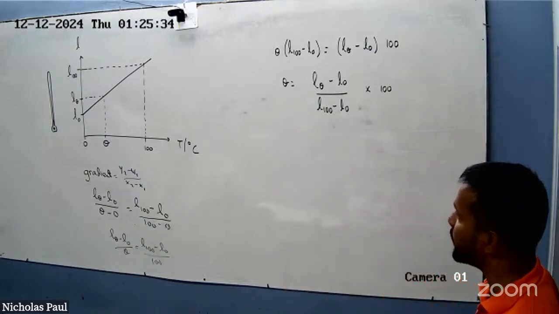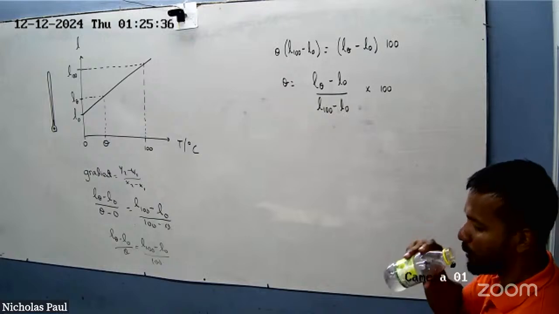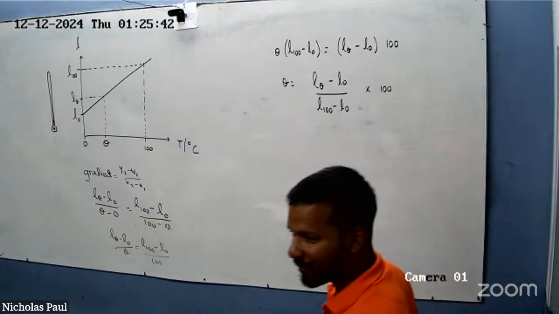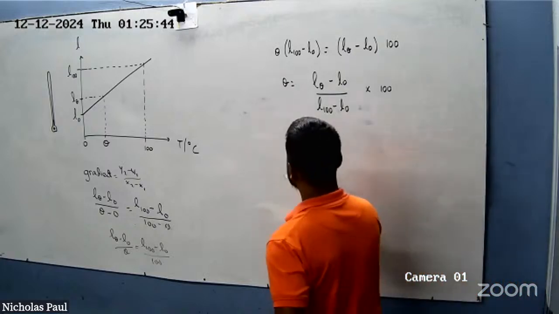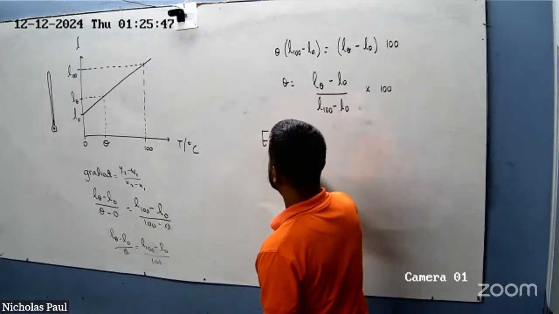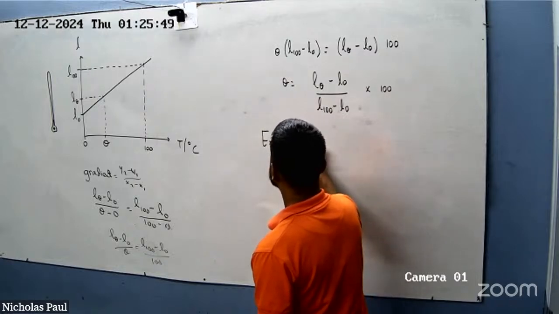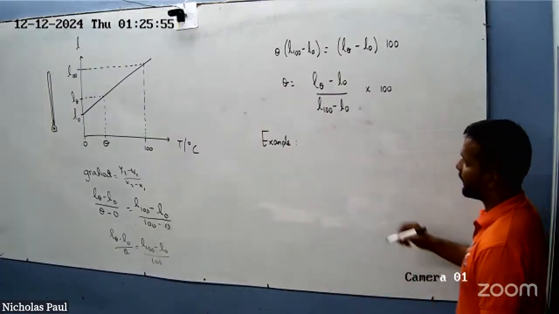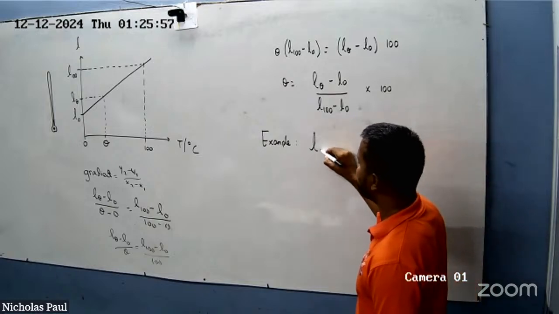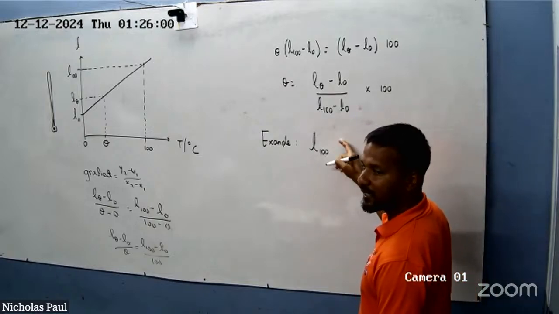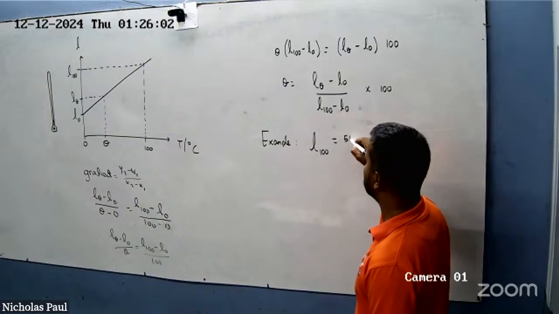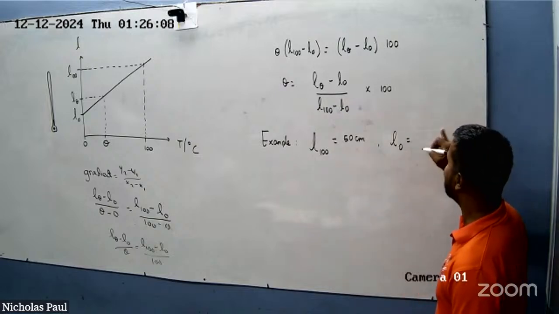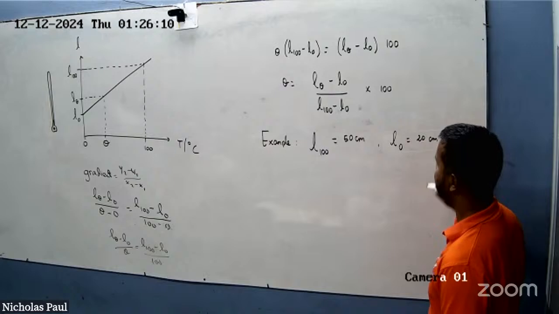Right, so here's how it works. Let's try an example to show how it works. Let's say the length at the boiling point is 50 centimeters, and the length that you got at the ice point was 20 centimeters.